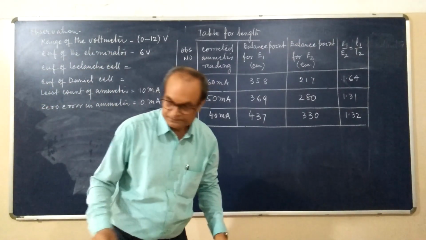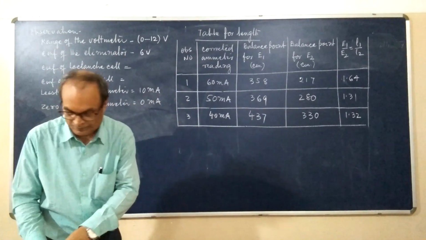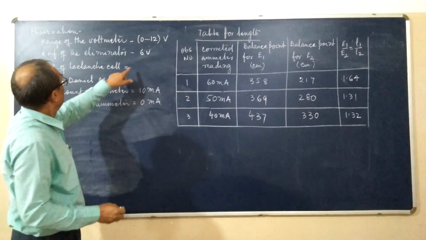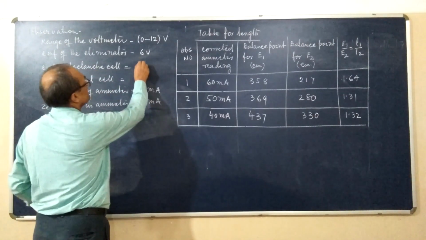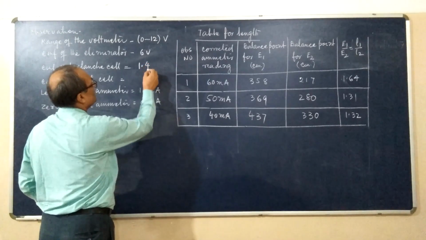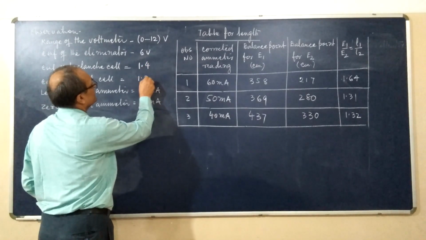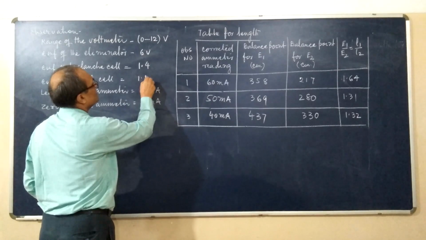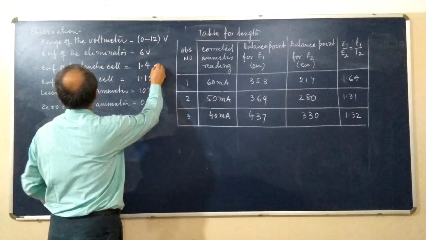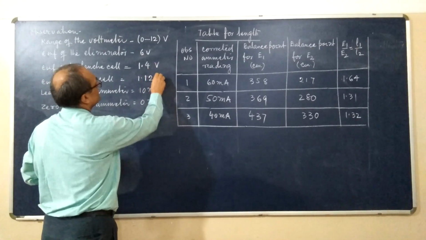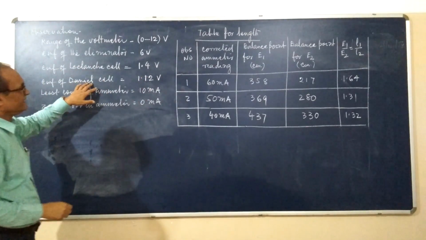Now one more thing. Here it is 1.4, and it is 1.3, 1.12. This is the EMF of the Leclanche cell and the Daniel cell.